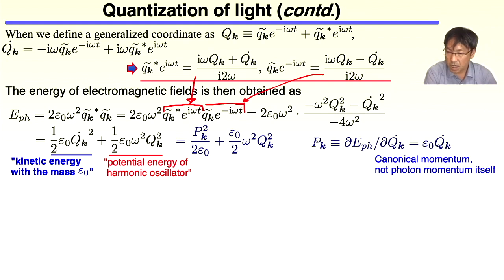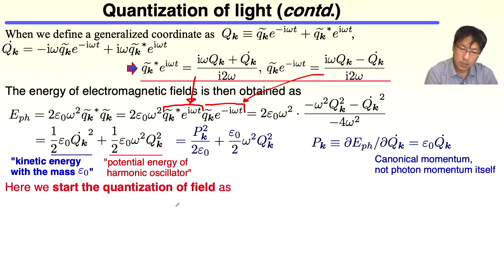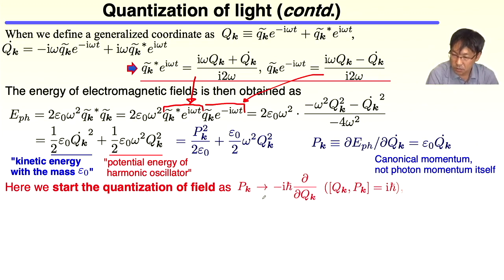Now, this large P stands for the so-called canonical momentum, but we need to pay attention that this is not equal to the photon momentum itself. Okay? Then we start quantization of this energy as this one, the same manner as the usual one.